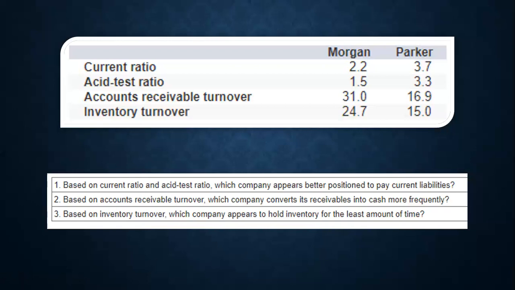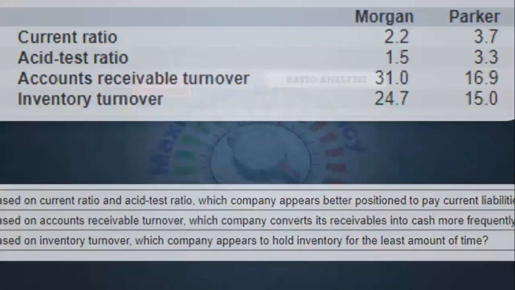Whereas if I'm selling a bar of soap, a bunch of Dove soap, I'm probably going to be selling all of my inventory pretty often, pretty quickly. So that's what we're looking at here. The higher the number is, the more times our inventory is sold throughout the year, the more times we wipe out all of our inventory. So Morgan would sell that more often.